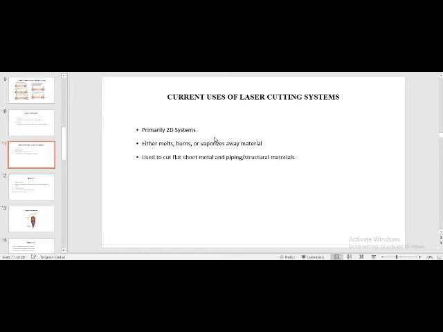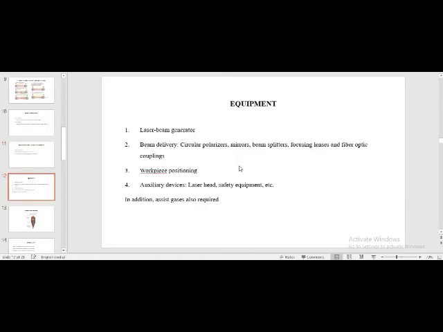It is used when we don't want any hard or rough surface around our object. It is also used to cut sheet metal, which is a very effective process.